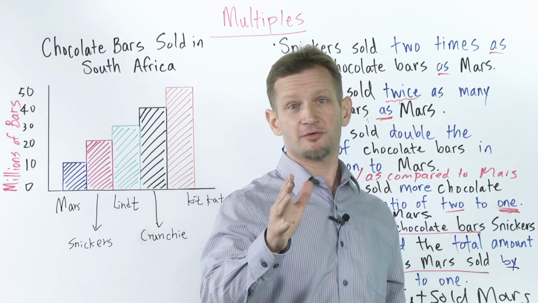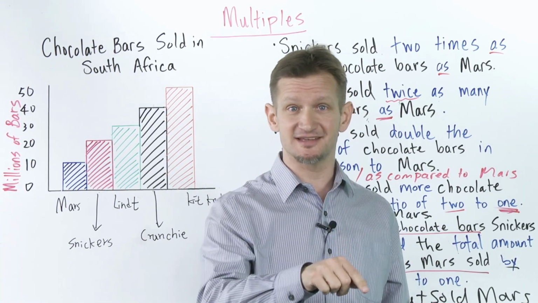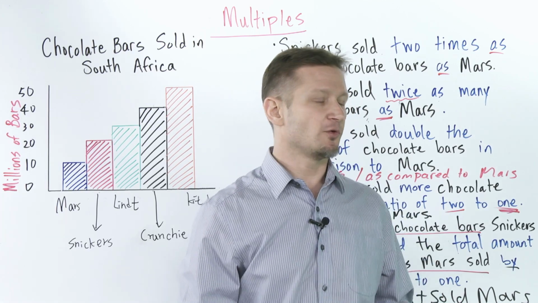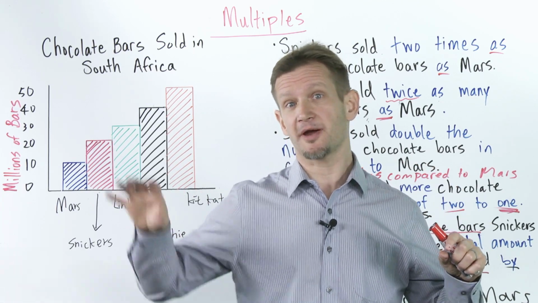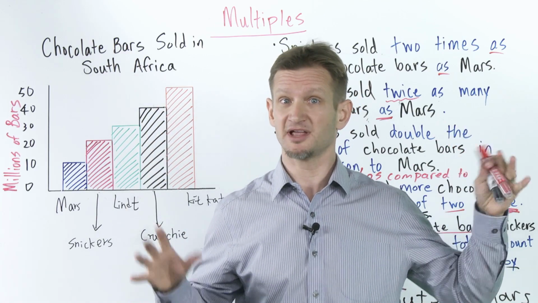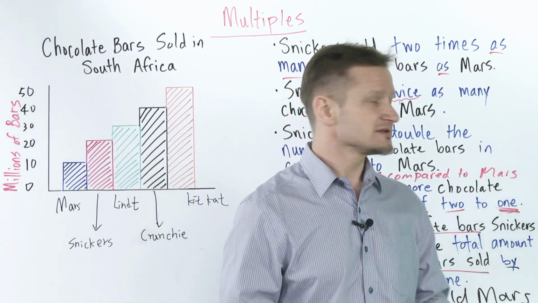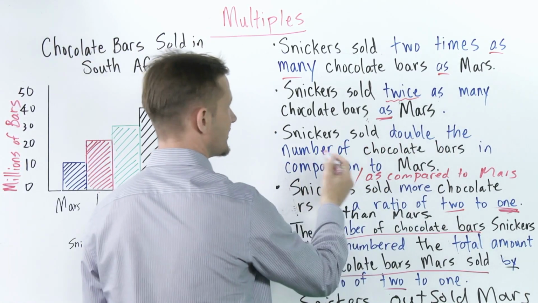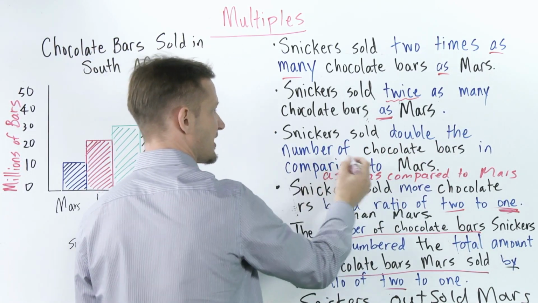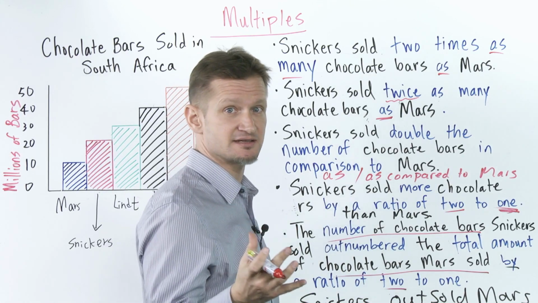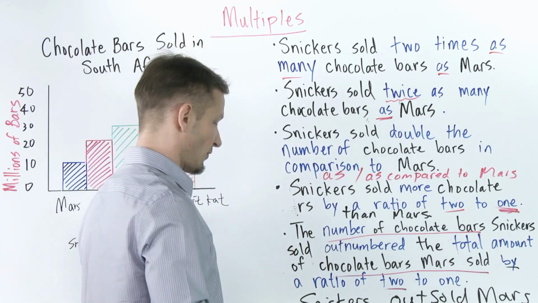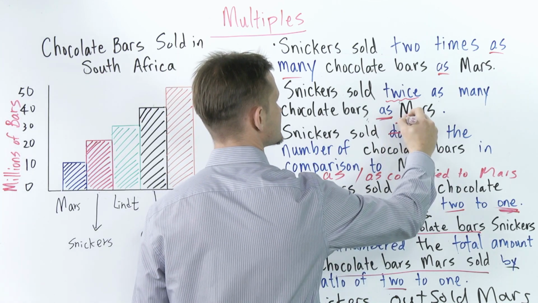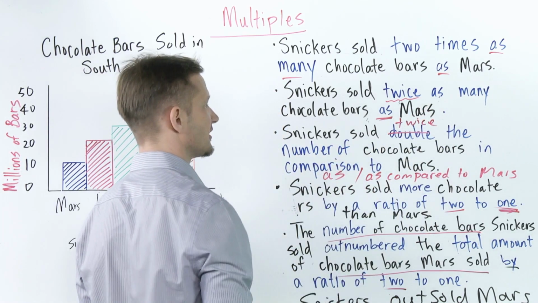Okay, so I want to point out something so that you can see it, so that you can avoid it. It's a common mistake people make. So when we're comparing things, we compare one noun to a second noun. That's what we're doing. So here we say Snickers sold double the number of chocolate bars in comparison to Mars. That's a good sentence. That makes sense. But I want to show you something. We could also change this to twice the number of chocolate bars.